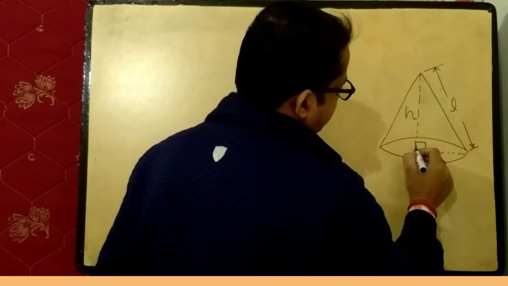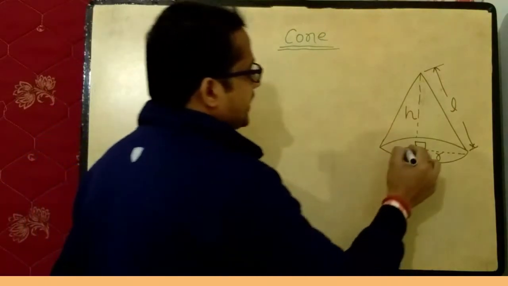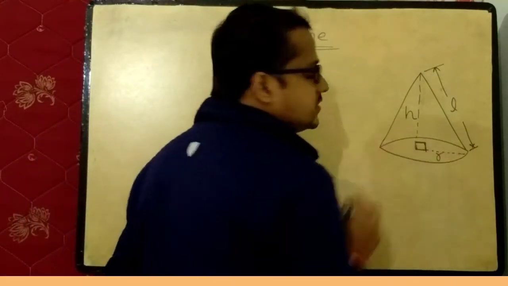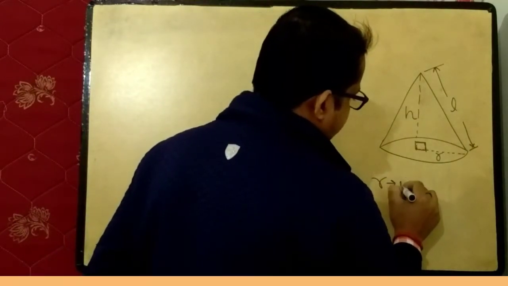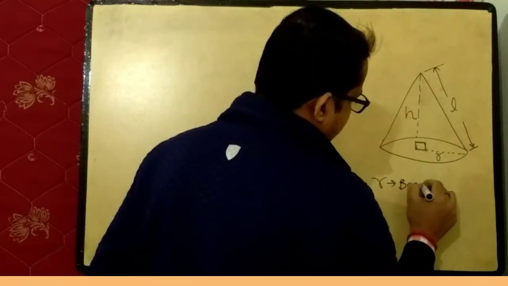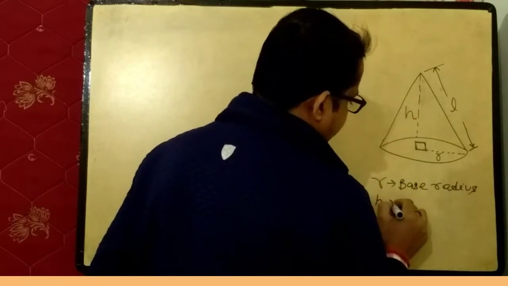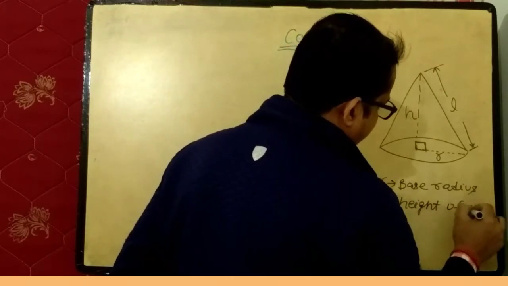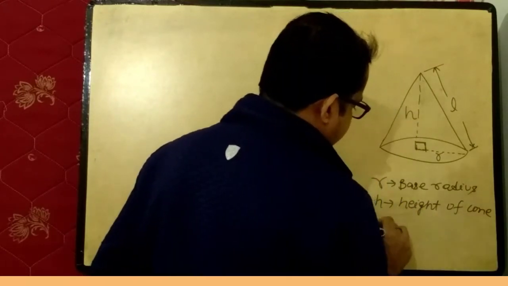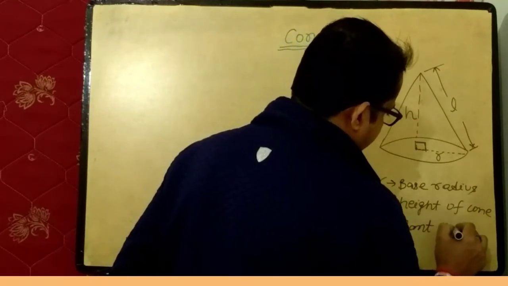It means this height and this base radius are making an angle of 90 degrees. This small r is the base radius, this small h is the height of the cone, and this small l is the slant height.